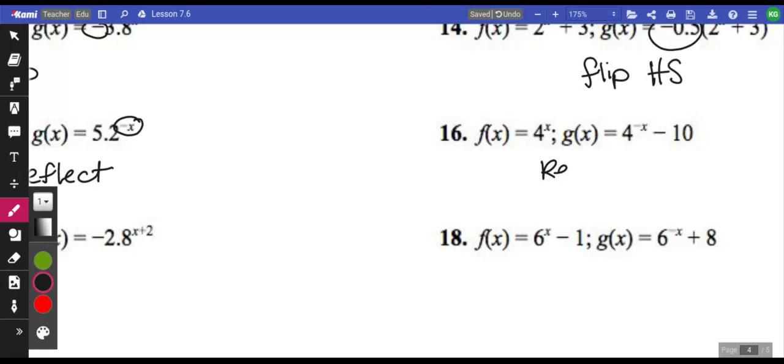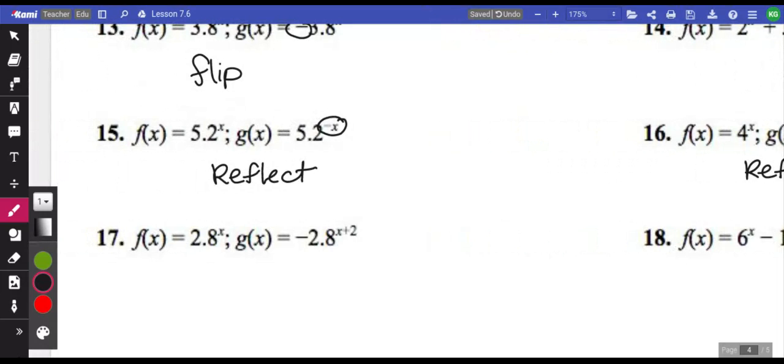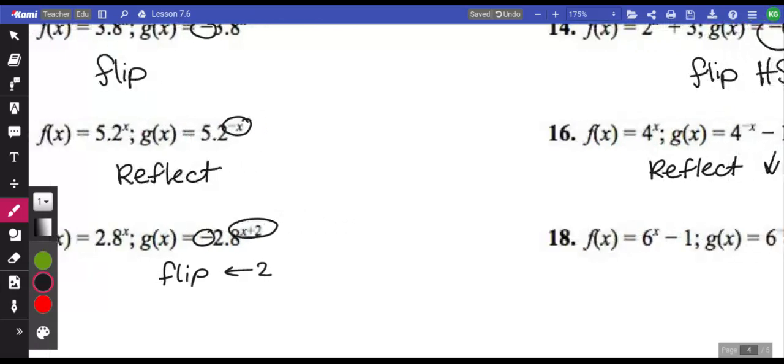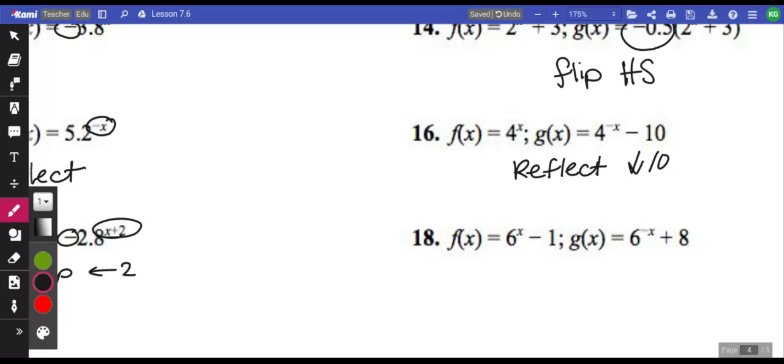On this one, we have a reflect because of the negative in the exponent, and we also have a down 10. On this one, we have a negative out front, which is our flip, and we have a plus 2 in our exponent, which is actually left 2. In this last one, we have a reflect, and it started at negative 1, and now it's all the way to a plus 8, so that's actually a shift of 9.